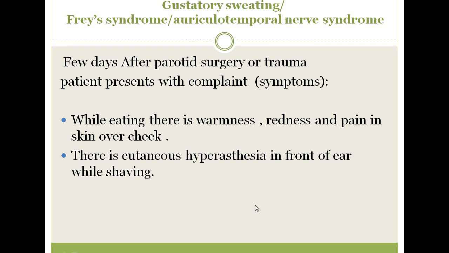This plane is helpful in surgeries to remove parotid tumors without damaging the facial nerve. Now the next clinical anatomy is gustatory sweating, or Frey syndrome, or auriculotemporal nerve syndrome. This syndrome takes place a few days after parotid surgery or trauma of the parotid region. The patient comes with the complaint that while eating there is warmness, redness and pain in the skin over the cheek, and there is cutaneous hyperesthesia in front of the ear while shaving.